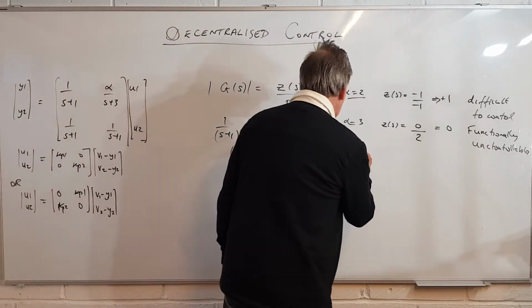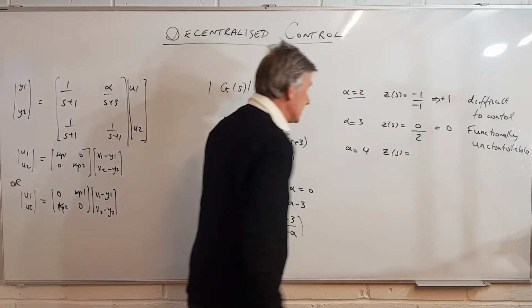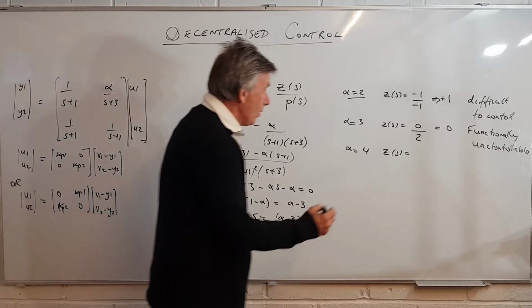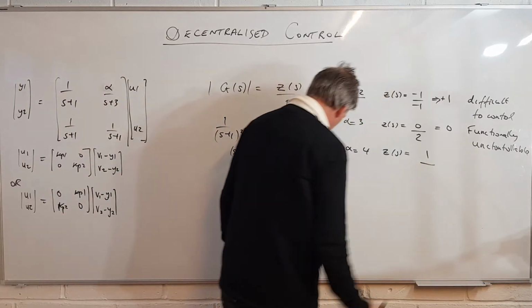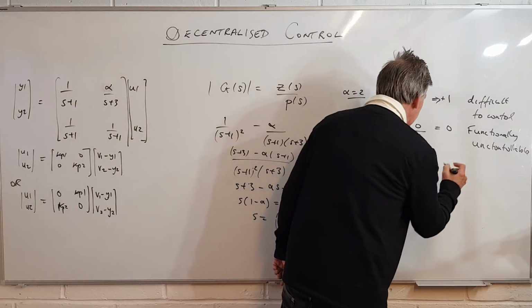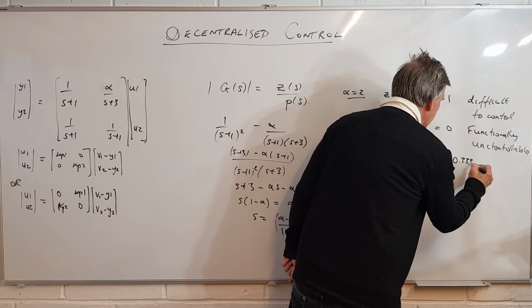If we look at one more example, when alpha equals 4, then the zero this time would be 4 minus 3, which would be 1, over 1 minus 4, which would be minus 3, so minus 0.333.